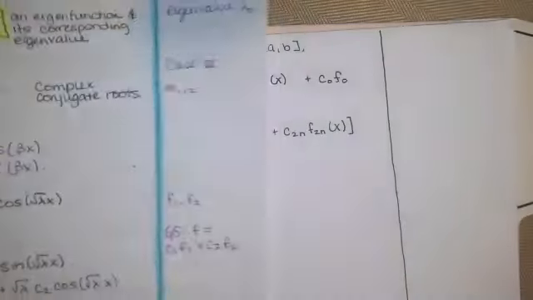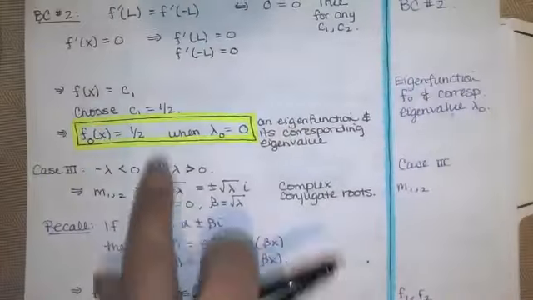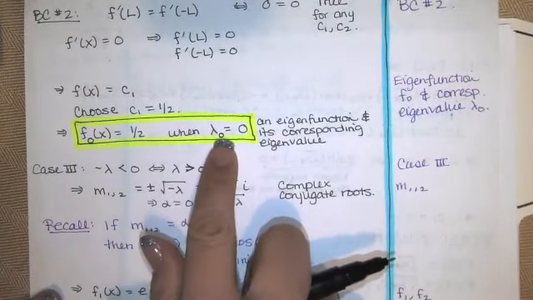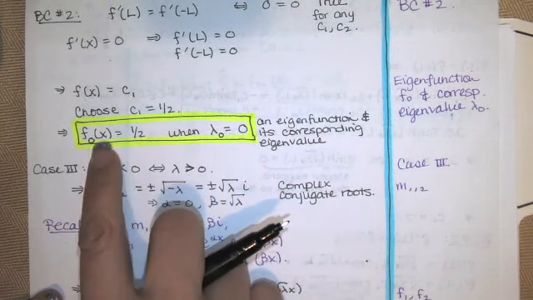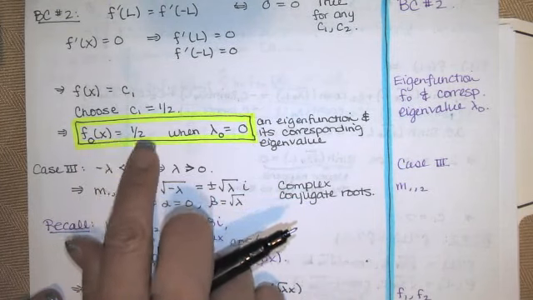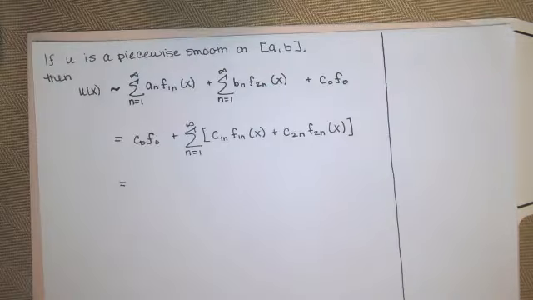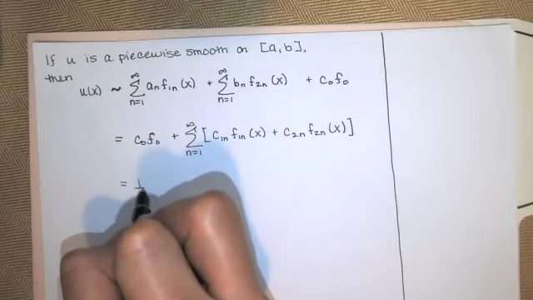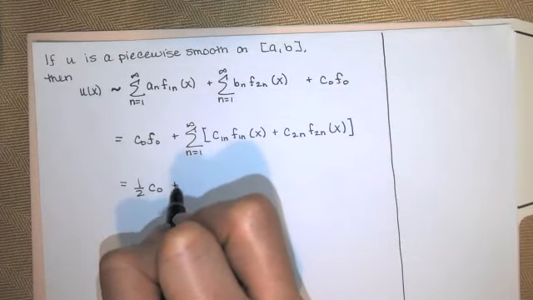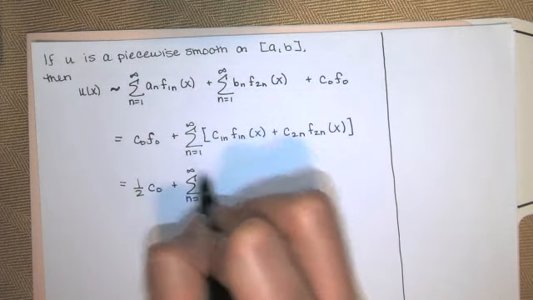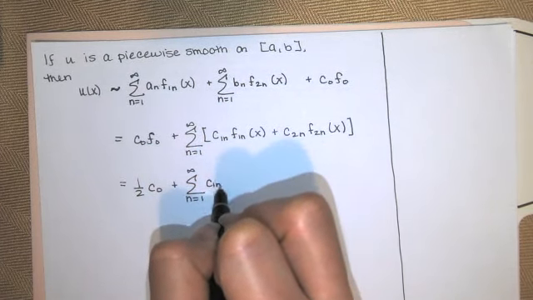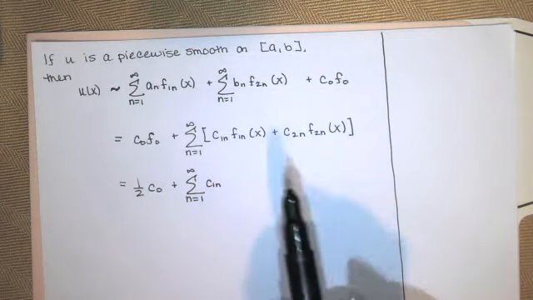In case 2, we found one eigenvalue, lambda sub 0 equals 0, that corresponded to the eigenfunction f equals a constant. And we chose for that constant to be 1/2. So we're going to have 1/2 times c sub 0 here, plus the sum as n goes from 1 to infinity of c sub 1n times f sub 1n.